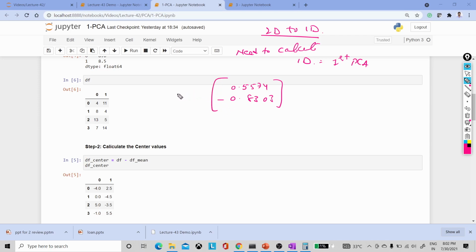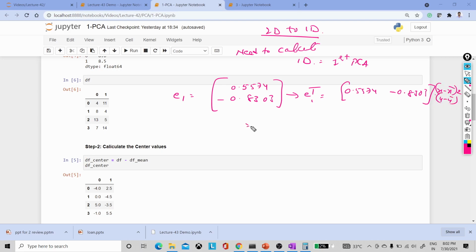This value is the eigenvector E1. Now we have to convert it into the E1 transpose, which means 0.5574 minus 0.8303, and multiply it with x minus x bar and y minus y bar.